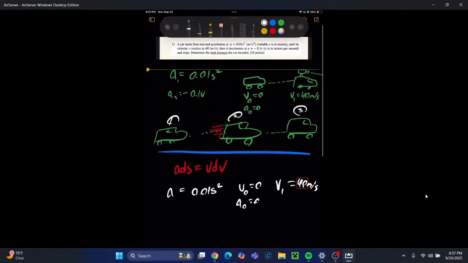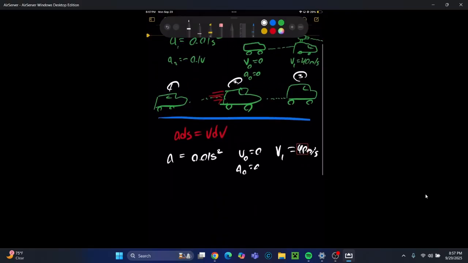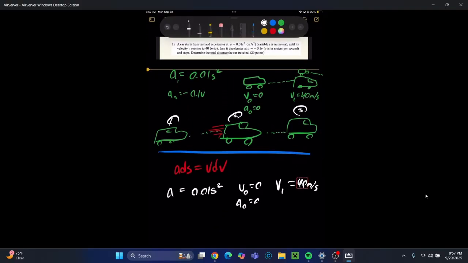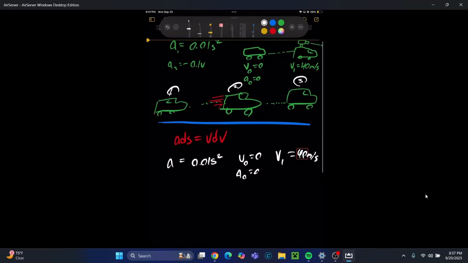Similarly, we have three states, and like thermo, you're going to find your values in one process, and then your values in another process, and that will add up to our total distance. I'll color code it a bit.